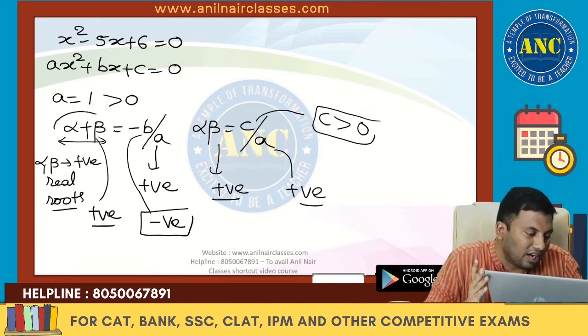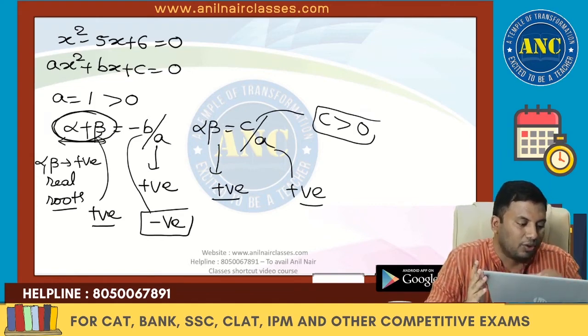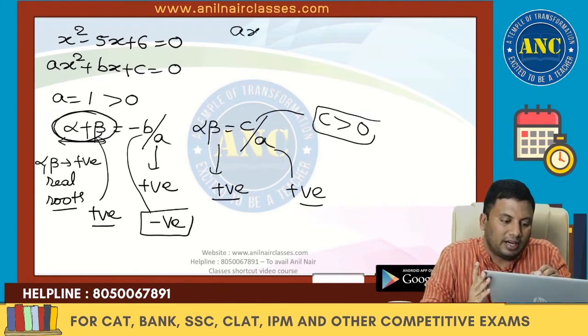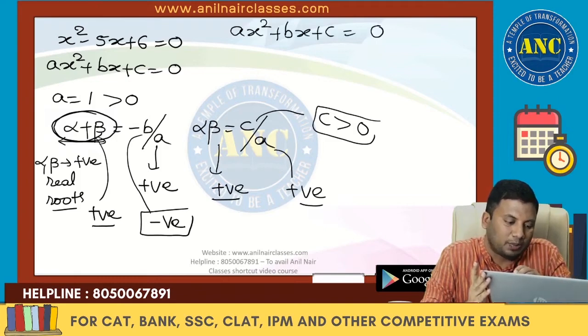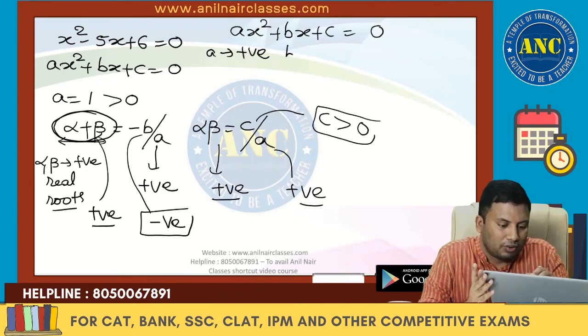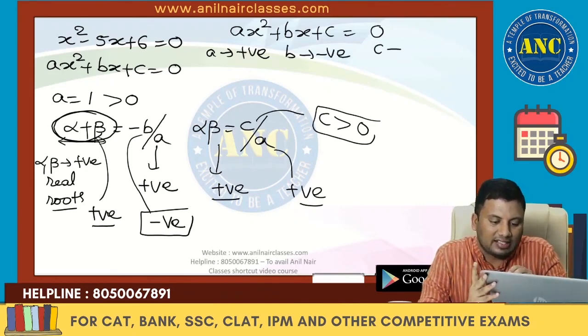That means if the left hand side is positive, what is it that we determined? Ax square plus bx plus c equivalent to 0. If a is positive, b is coming out to be negative and c is coming out to be positive. Are you all with me?